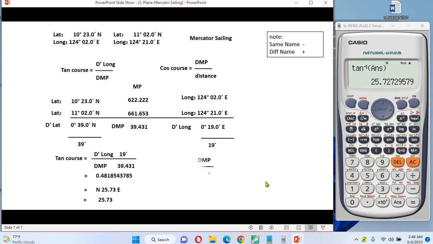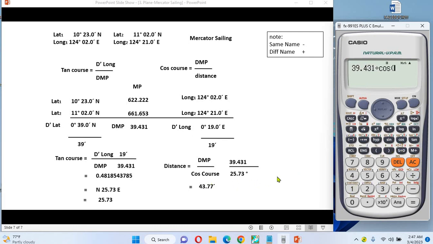Okay, so the distance is, enter the formula. The formula says distance is equal to DMP over cosine course. So punch in the numbers. 39.431 over cosine of the course, 25.73.